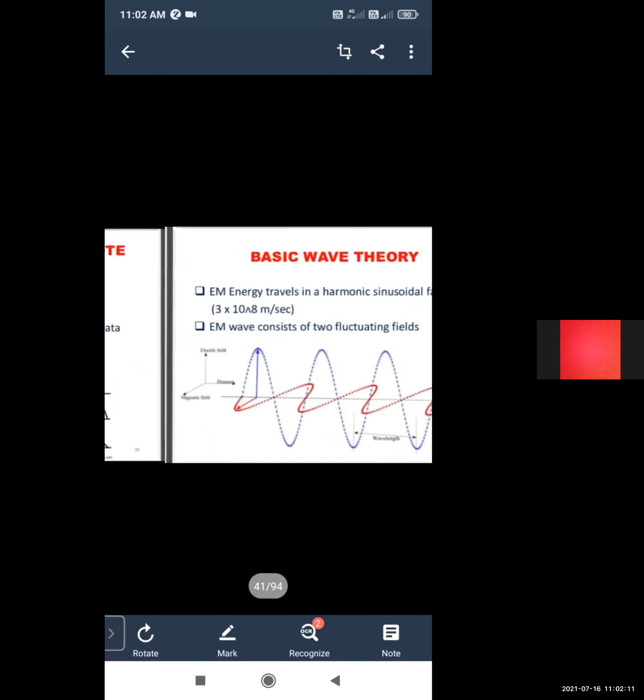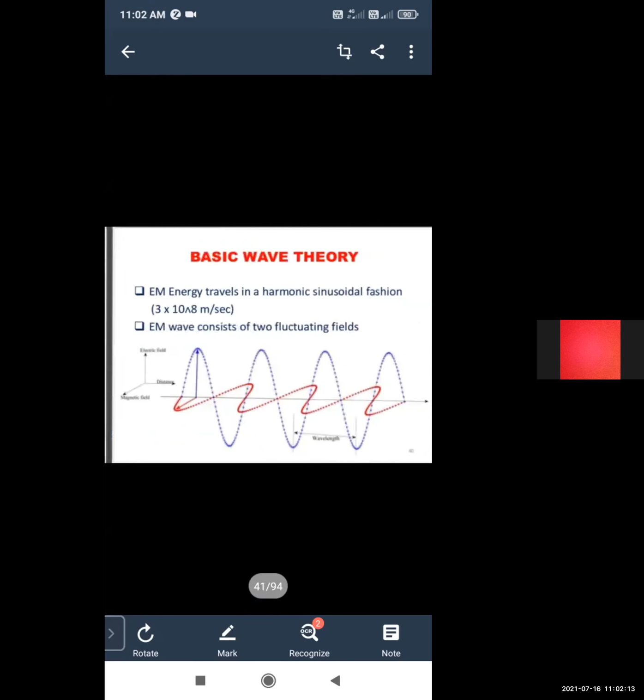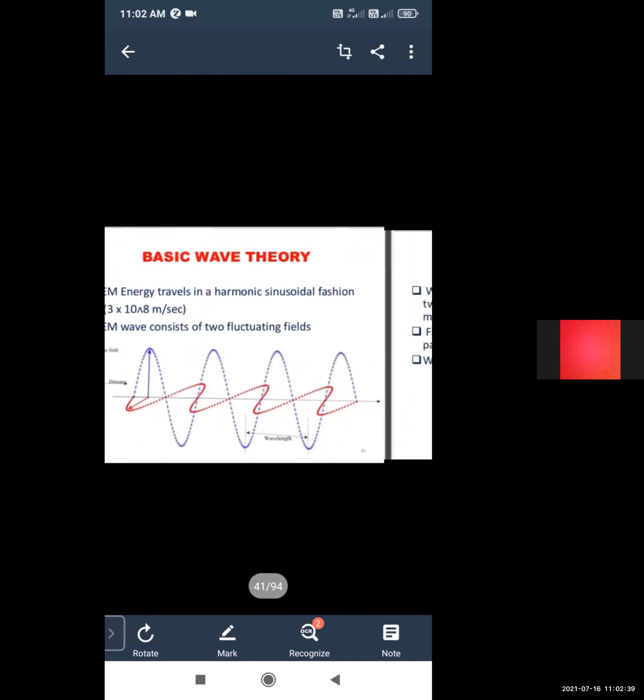Okay, so basic wave theory: the velocity of electromagnetic wave is 3 into 10 to the power 8 meter per second, and the wave consists of two fluctuating fields, electric field and magnetic field, and both fields are perpendicular to each other.